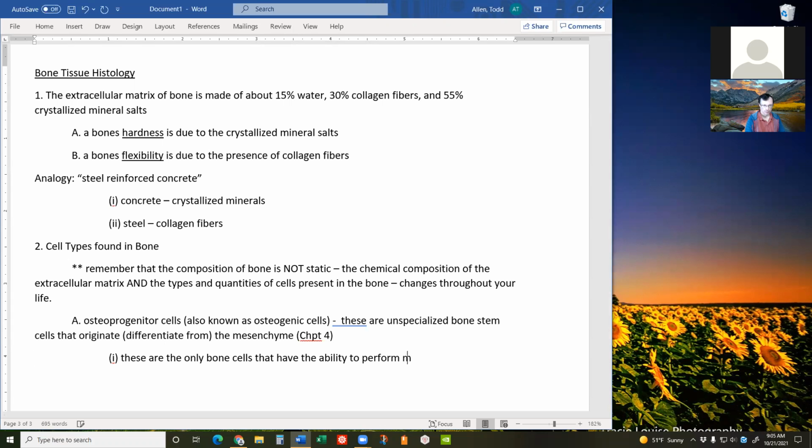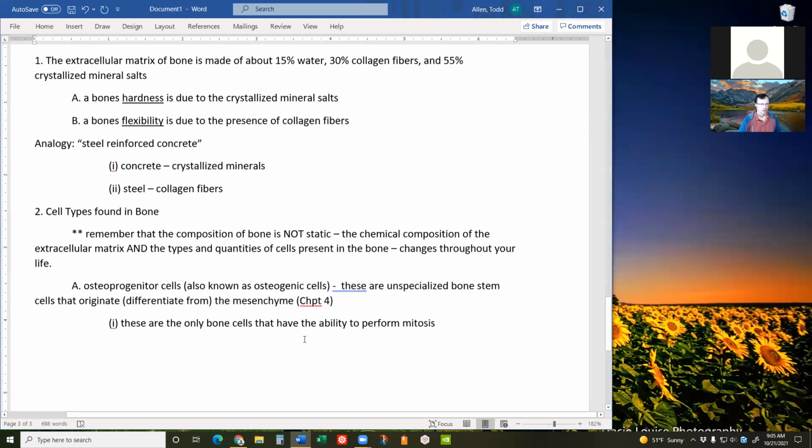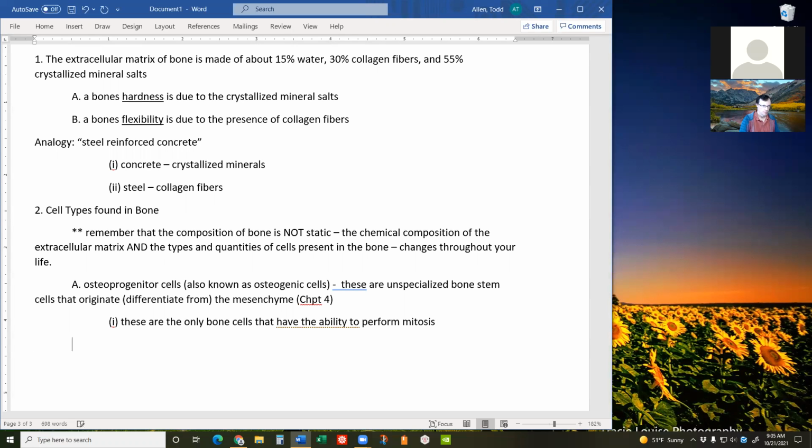All right, folks. So now you know the foundational cells that repopulate the bone tissue when there's damage or some kind of cell death caused by infection. It would be the stem cells of the bone, which are osteoprogenitor cells.